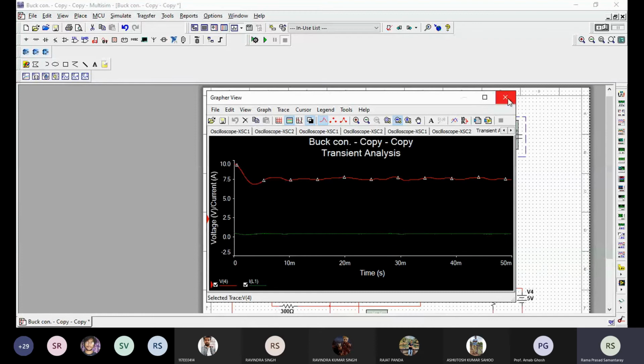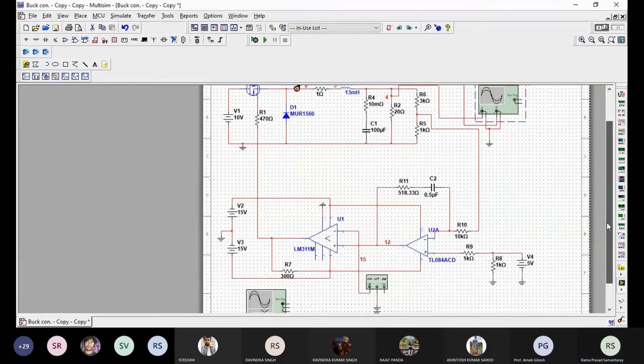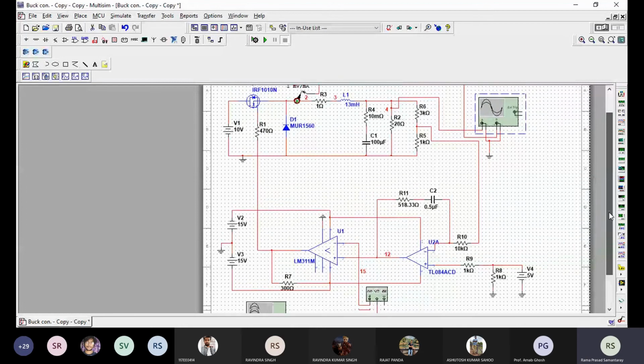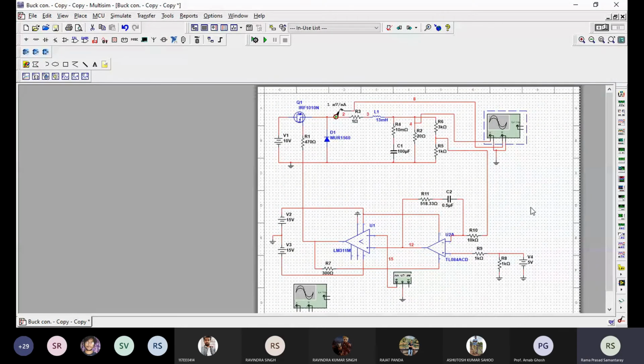The same circuit I have done as per the manual. Only I have removed this page connector and directly connected the supply source to the op amps.